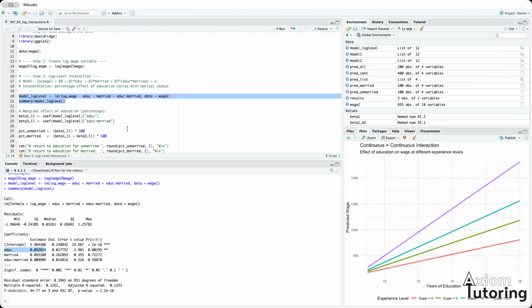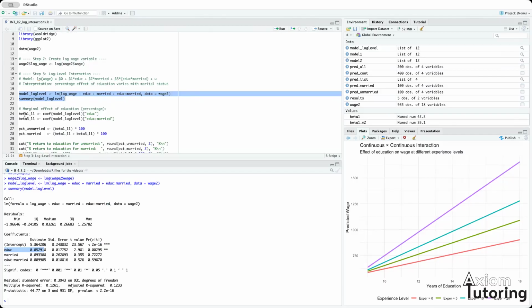We've always done in our videos the marginal effect, the delta y over delta x or delta z. So if we're looking now at the marginal effect of education, which means we're doing delta ln wage over delta education, we are going to need the beta 1 and the beta 3 as part of that, because education by itself is for the unmarried, and then the education:married term is going to give us the additional amount needed for the married subsample.